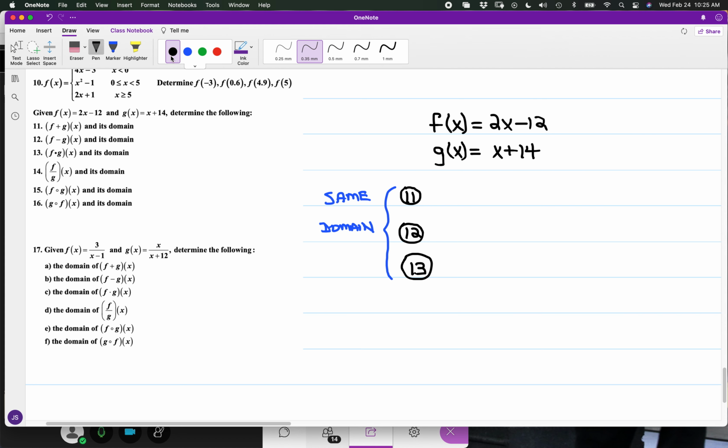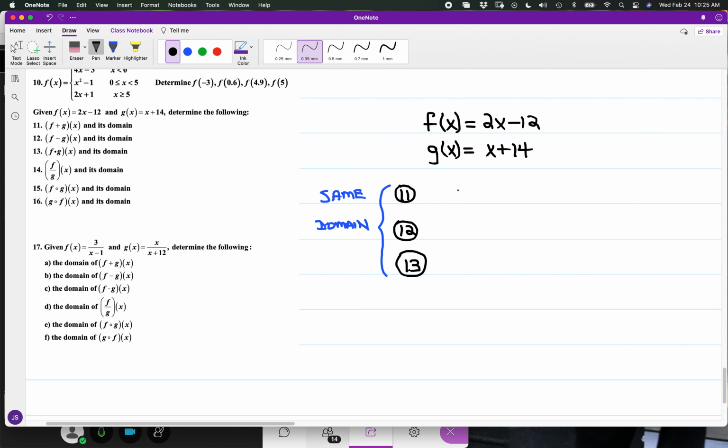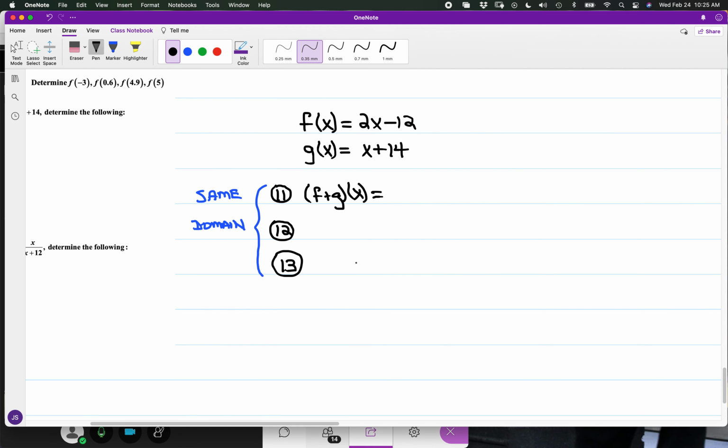Okay, now looking at the outputs. So for f plus g of x, and we have in the expanded notation case, so we're looking at f of x plus g of x.